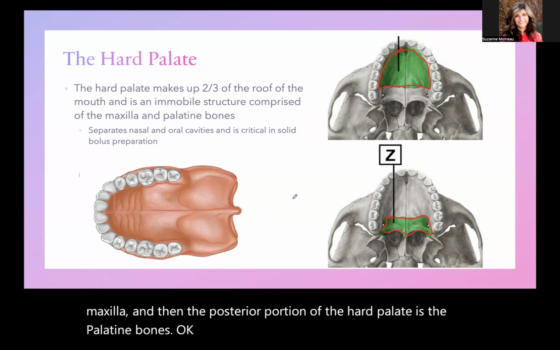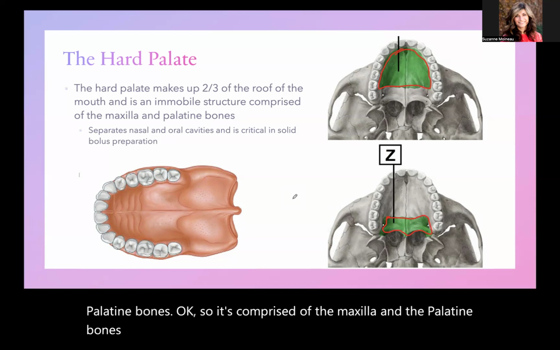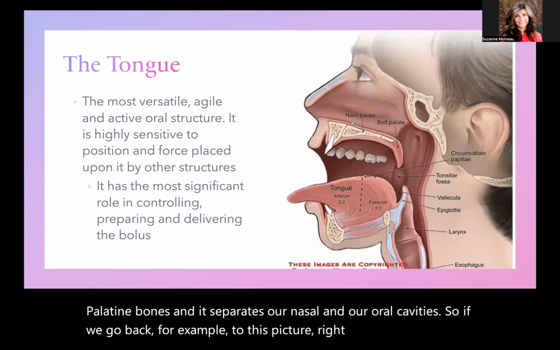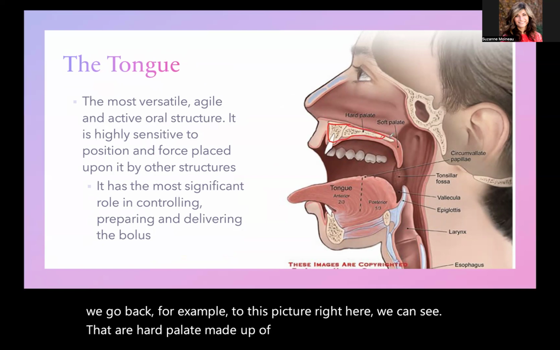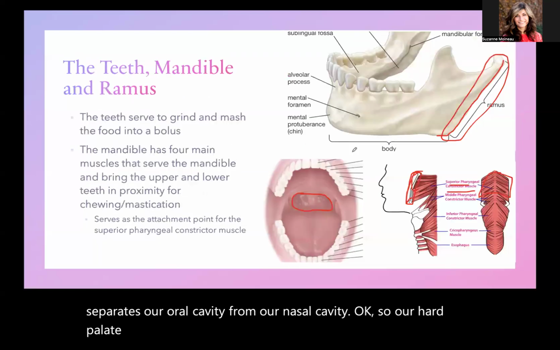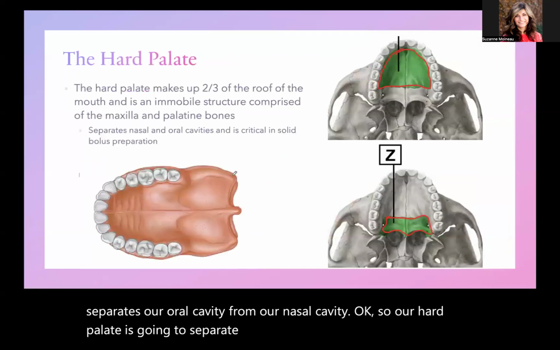Okay, so it's comprised of the maxilla and the palatine bones, and it separates our nasal and our oral cavities. So if we go back, for example, to this picture right here, we can see that our hard palate, made up of the maxilla and the palatine bones, separates our oral cavity from our nasal cavity. Okay, so our hard palate is going to separate those two cavities.